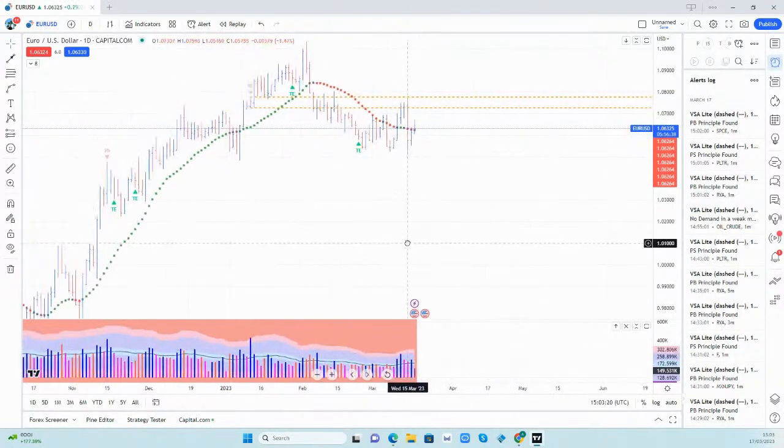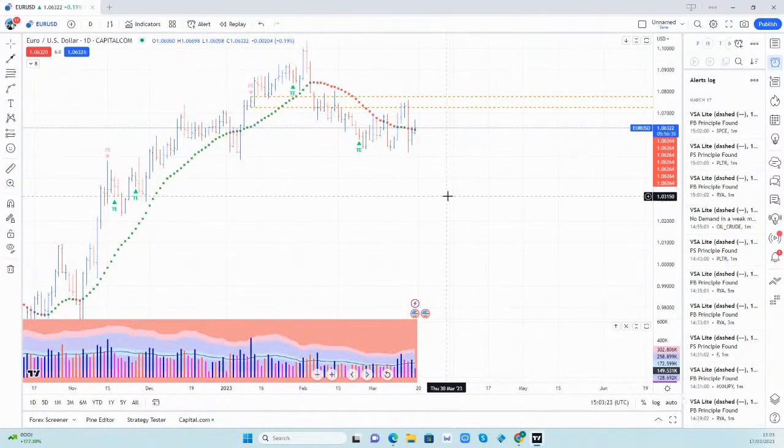What we're looking at right now is potentially weakness starting to set in, but obviously we haven't got any confirmation of that yet. The only weakness I could see on our volume thermometer is that the buying bars are reducing, and we are in an area of weakness at the moment.